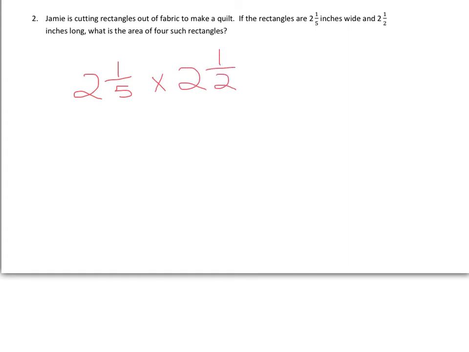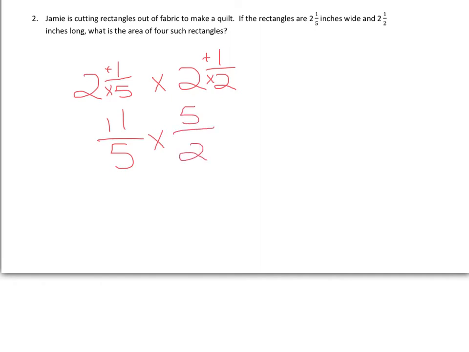First thing we can do is turn each of these mixed numbers into improper fractions. We can do that by multiplying the whole number by the denominator, then adding the numerator. So 2 times 5 is 10 plus 1 is 11 over 5 times 2 times 2 is 4 plus 1 is 5, denominator stays the same, over 2.